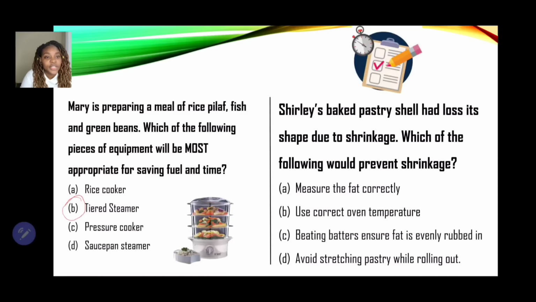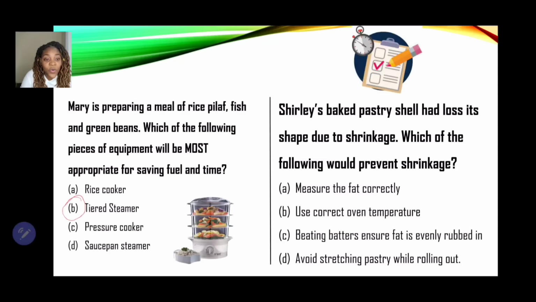Next question. Shirley's baked pastry shells had lost its shape due to shrinkage. Which of the following would prevent shrinkage? A, measure the fat correctly. B. Use correct oven temperature. C. Beating batter, ensure fat is evenly rubbed in.